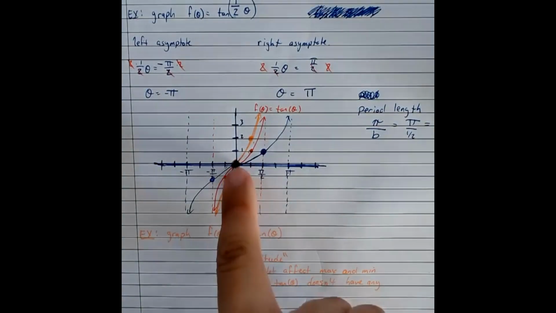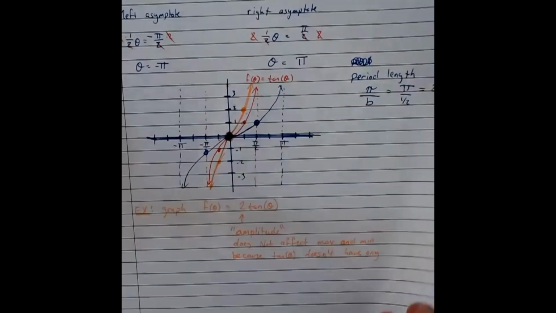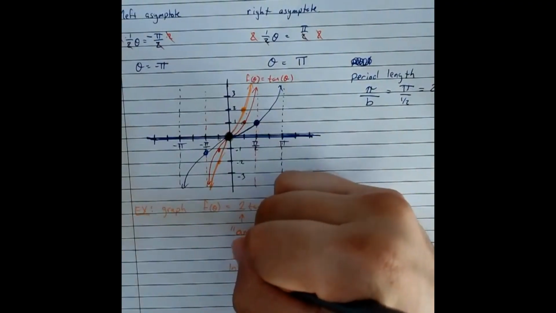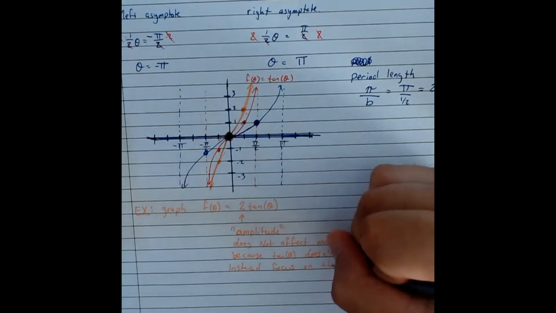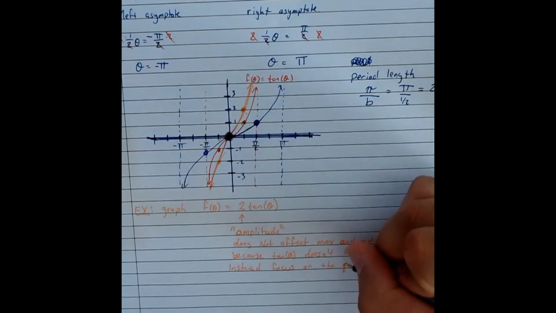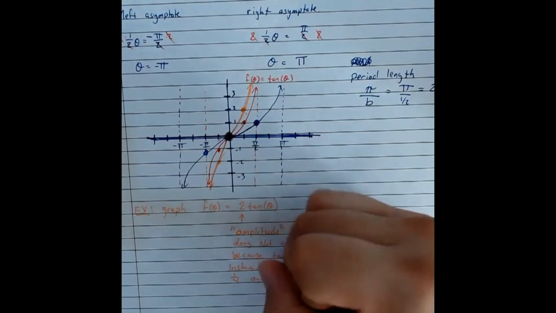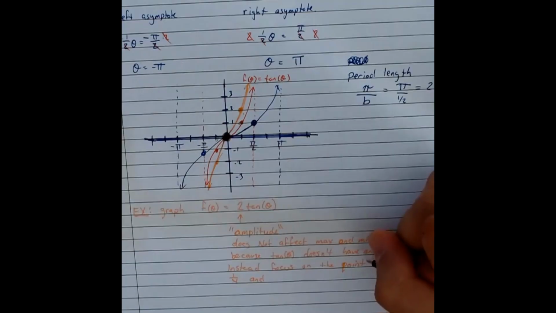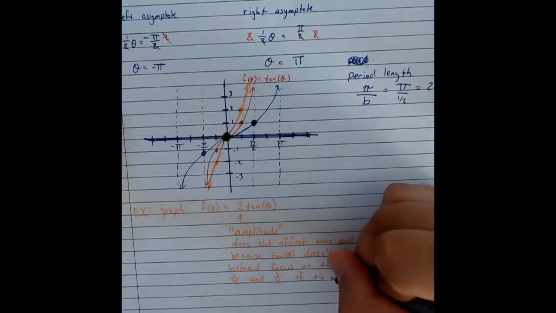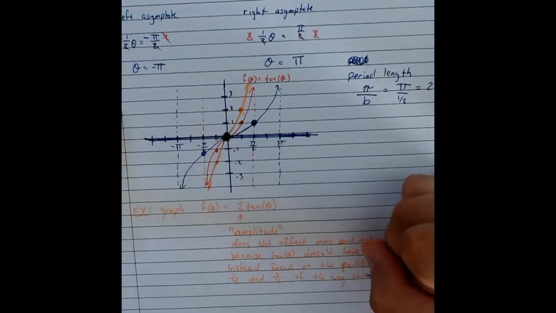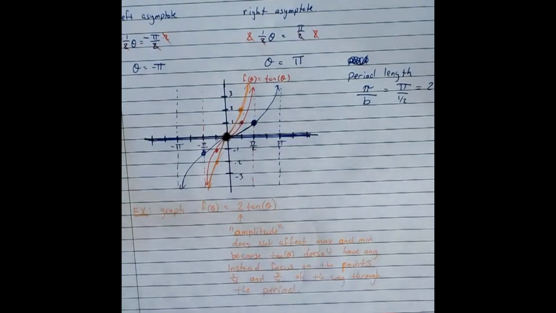But what it does do is it affects the points in the middle. The quarter point and the 3/4 point are the ones you want to focus on. Instead, focus on the points 1/4 and 3/4 of the way through the period. Just like that.